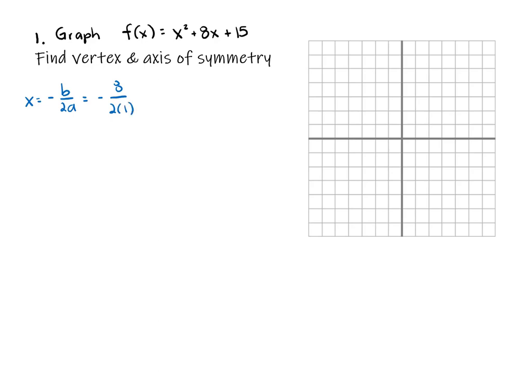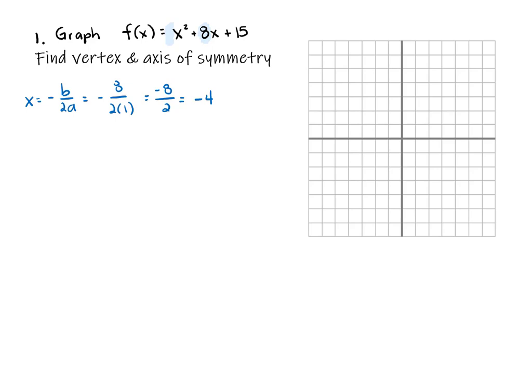I'm getting these values from the b coefficient and the a coefficient. And so I have an 8 and an invisible 1. And so I get negative 8 over 2, which is negative 4. That is the x value of my vertex.